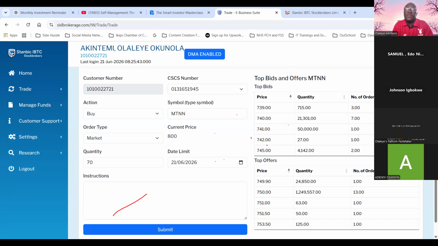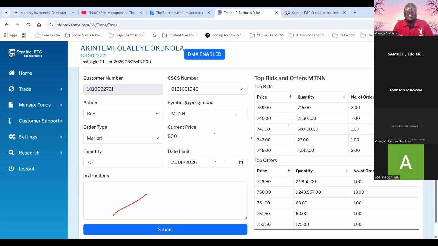If I show you the fees that Stanbic IBTC is charging me for the units I buy, it is very, very small compared to the fees that Bamboo will be charging. So the difference between Bamboo and Stanbic is not necessarily in terms of the fee, but in terms of their registration, their license.